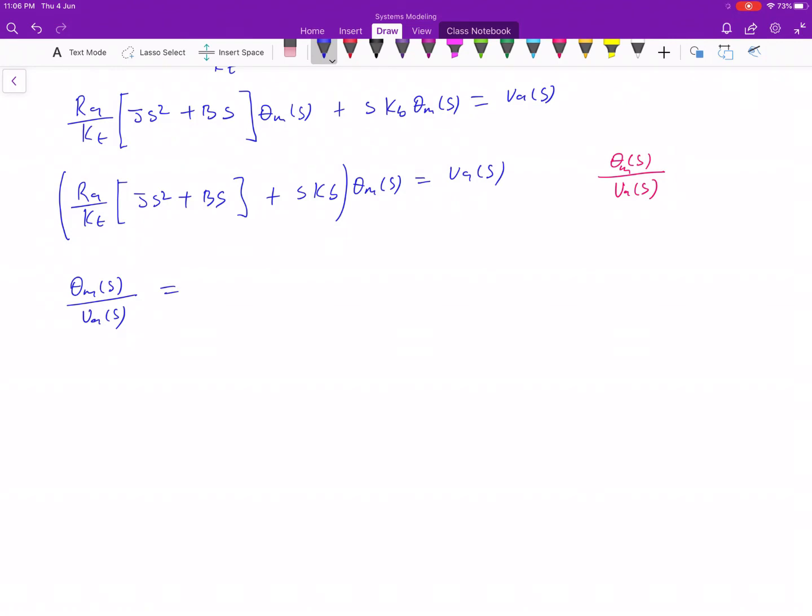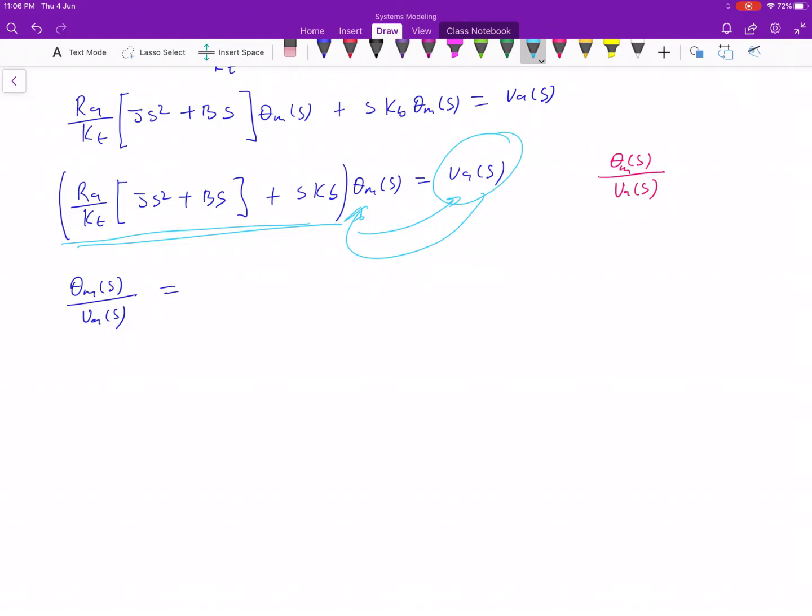Here you just do some manipulations. If you take this equation first on this side, then multiply both sides by V s, you'll end up having it on this side.